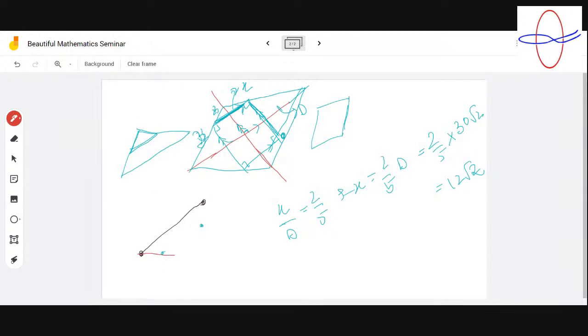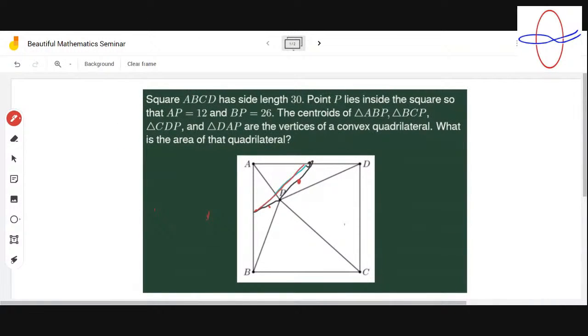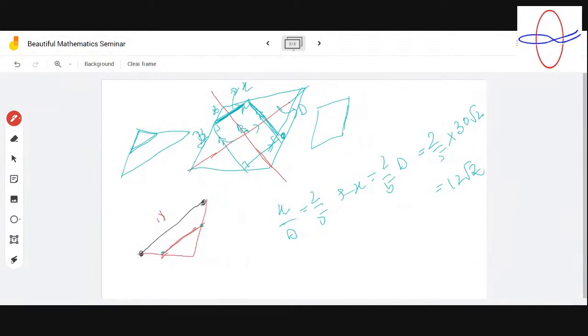And what we got from here? That this must be this by this. What is this length? Can you tell me? This is becoming 2/3 of it, right? So that's what Udayan is telling. This length is 15 root 2. And therefore, this length must be 10 root 2.